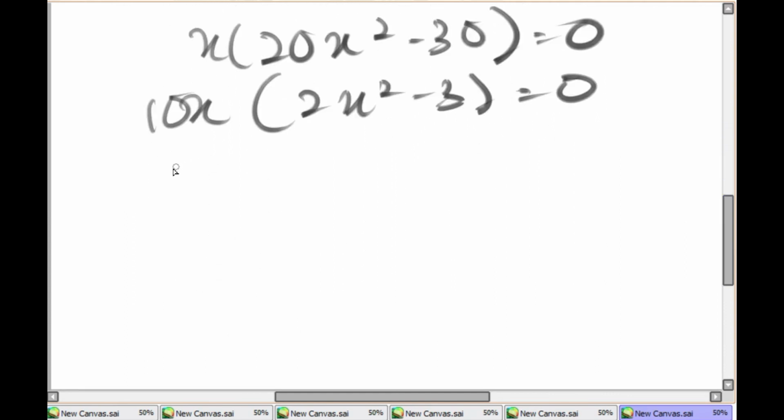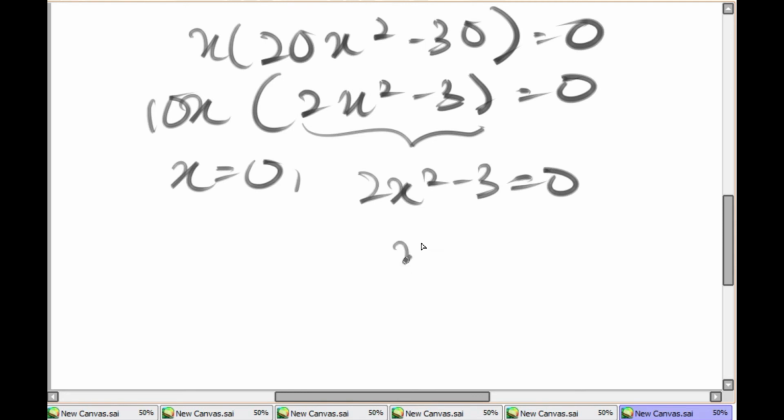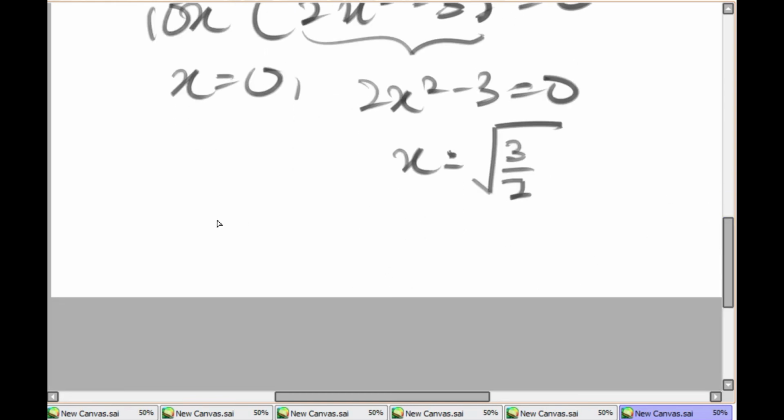Okay, so we will obtain x equals 0, and the other 2 points will be solved from this. And that would be x equals 0 plus minus 1.2247.